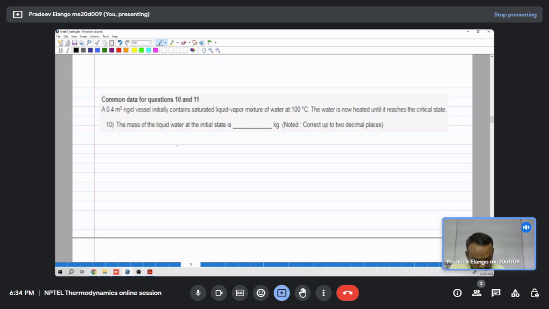So we have a constant volume rigid container of 0.4 meter cube, and initially it was at 100 degrees Celsius, and heat is supplied inside such that the liquid vapor mixture inside the container will go to the critical state.